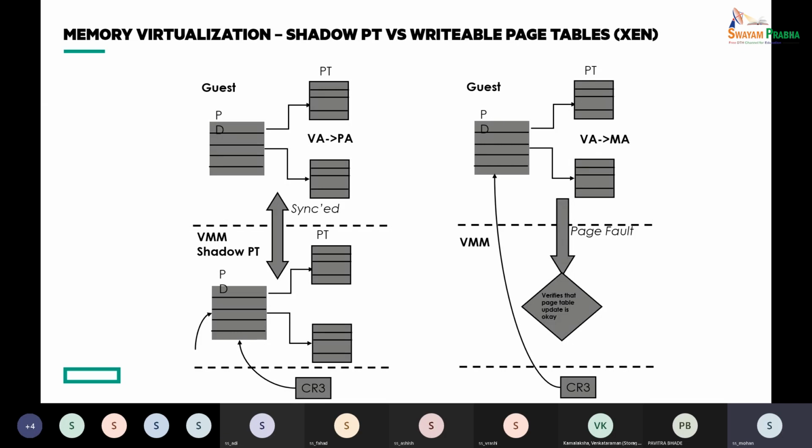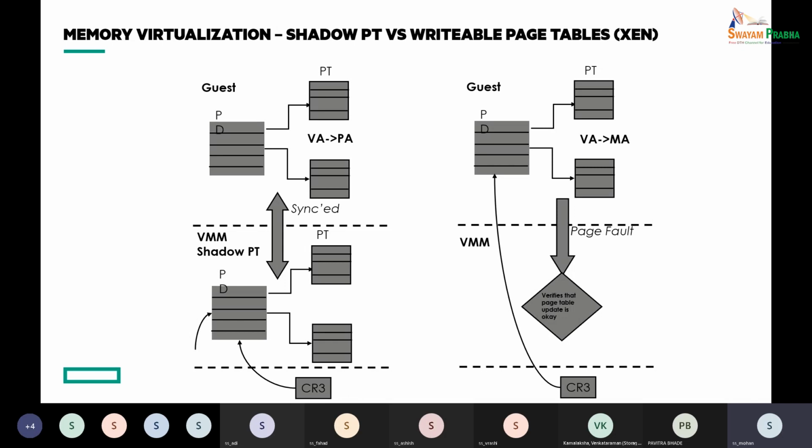Zen, on the other hand, does it differently. What Zen does is that it actually gives the CR3 to the guest itself, in the sense that the guest, when it tries to write to the CR3, which is the page directory, it allows it to write to it. But then whenever there is a page table getting added, the guest has to do a para virtualization call.